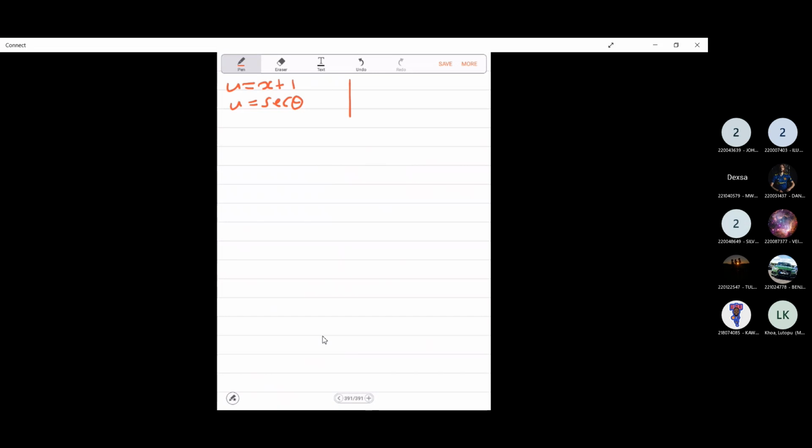So we draw our triangle. u is sec theta, so this is the hypotenuse over the adjacent, and the opposite side is the square root of u squared minus 1.